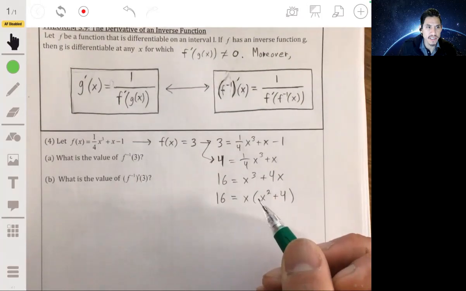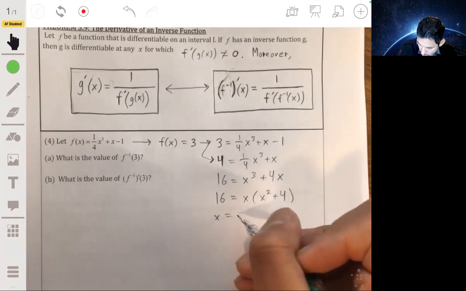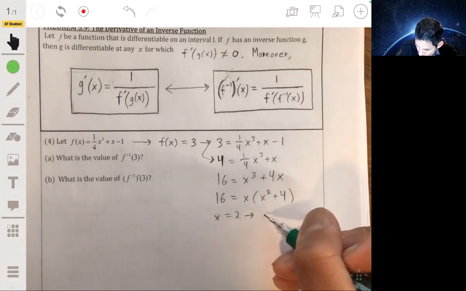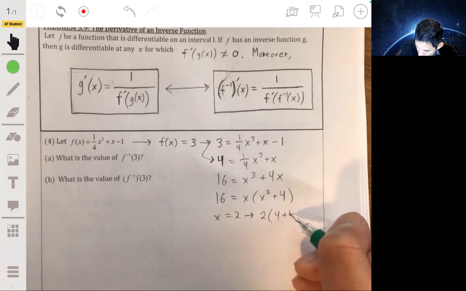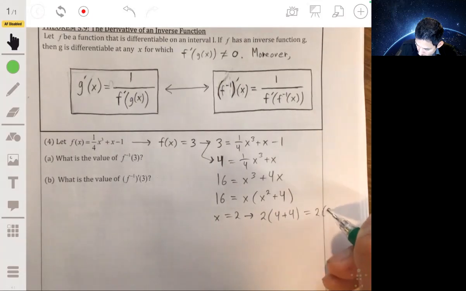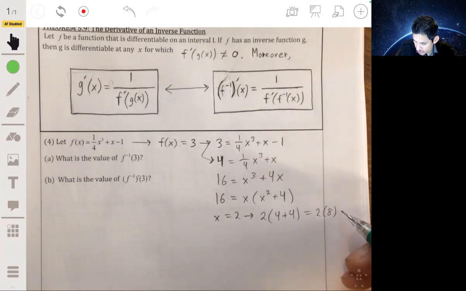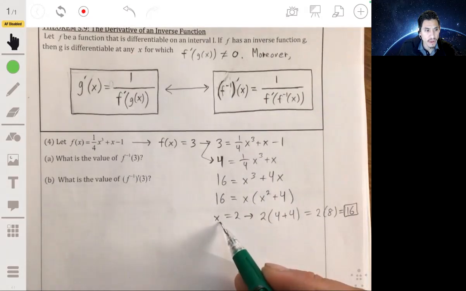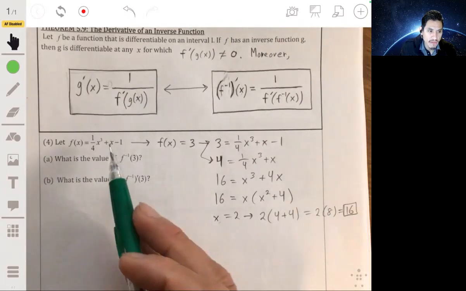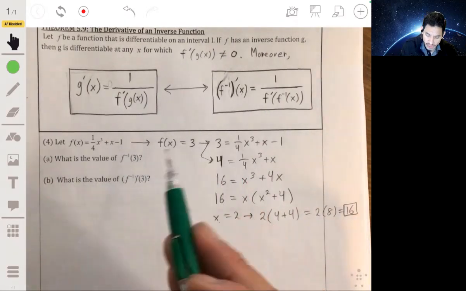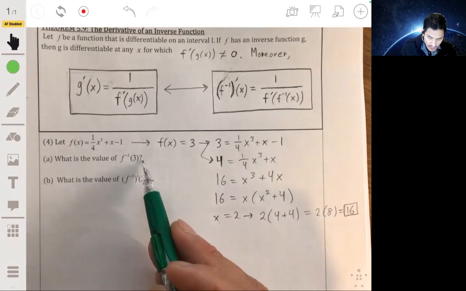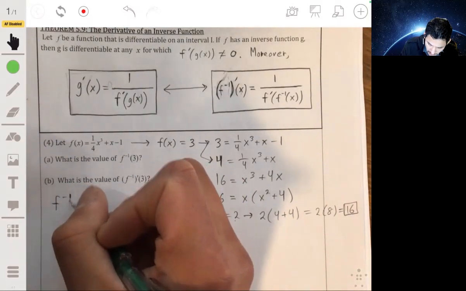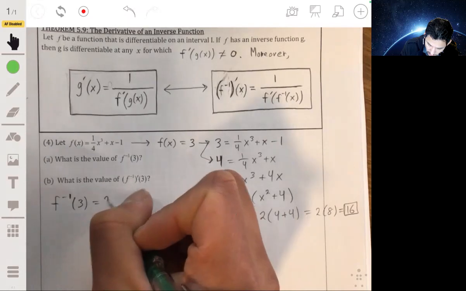And we can see from here that if x is 2, then we get 2 times 4 plus 4, or 2 times 8, which is then 16. So that means when x is 2, f of x is 3. Vice versa, the f inverse of 3 is 2. So let's write that f inverse of 3 is equal to 2.